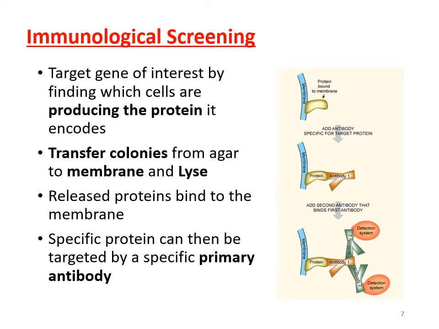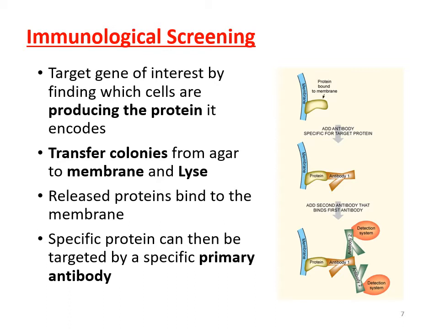So what you do is, just like with the other one, you take those colonies from the plate, okay, and this time you're transferring to a membrane, and you're lysing them just like in the hybridization. So now you break open all the bacteria from the gene library, but now it's the proteins that you're targeting.